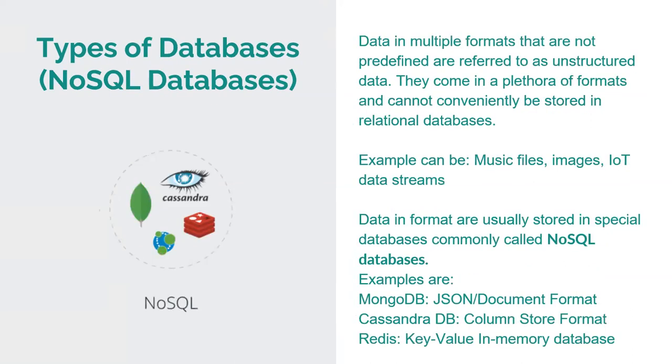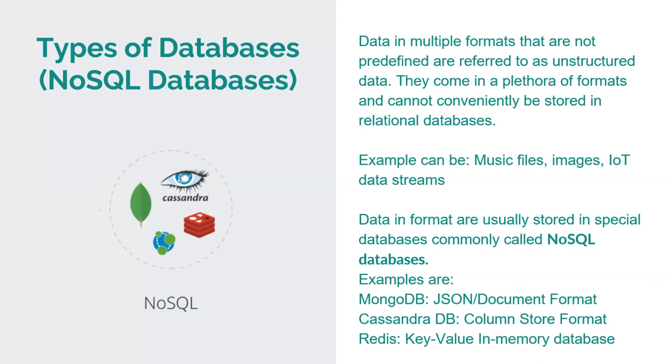Now, types of NoSQL database, which are unstructured databases. Data in multiple formats that are not predefined is referred to as unstructured data. They come in a plethora of formats and cannot conveniently be stored in a relational database. For example, music files, images, IoT streams.